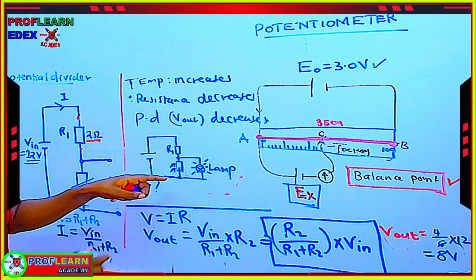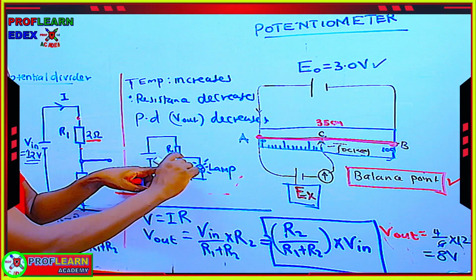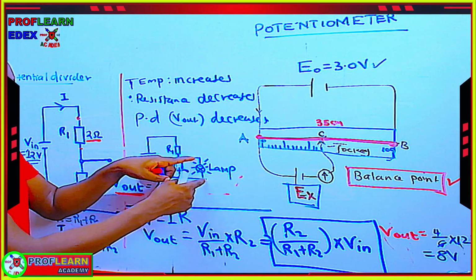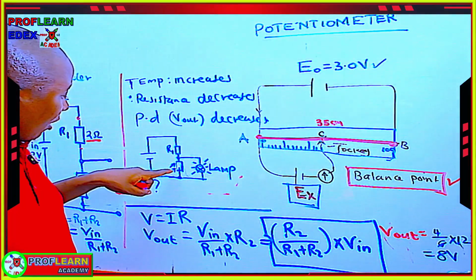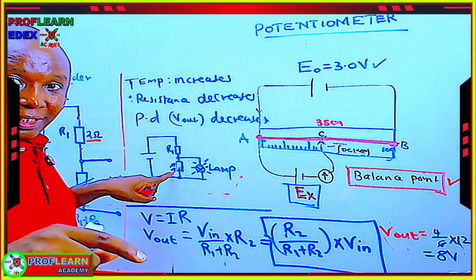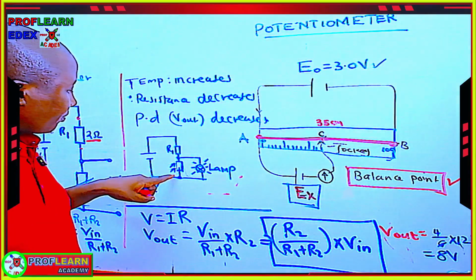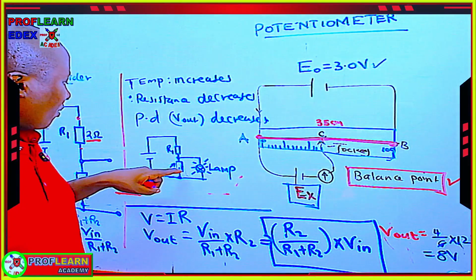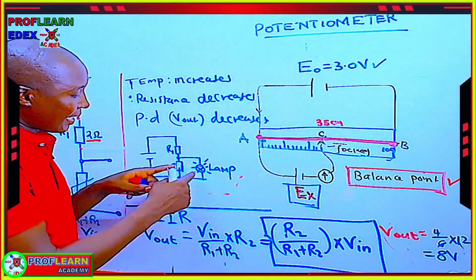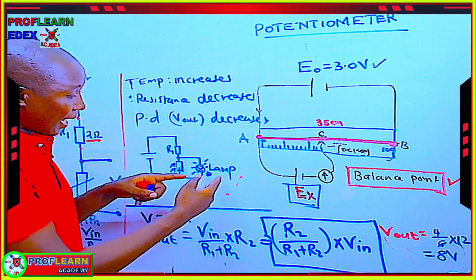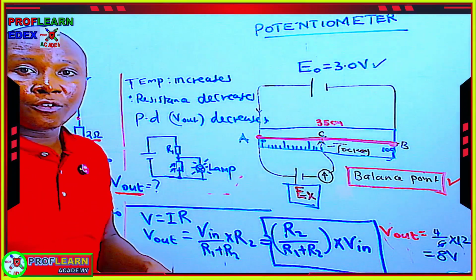So during the dark there will be a larger potential difference across the lamp, and it's going to light. But during the day there will be a lot of light, and the presence of the light is going to decrease the resistance, so there will be less PD across this, and this lamp is going to turn off during the day.